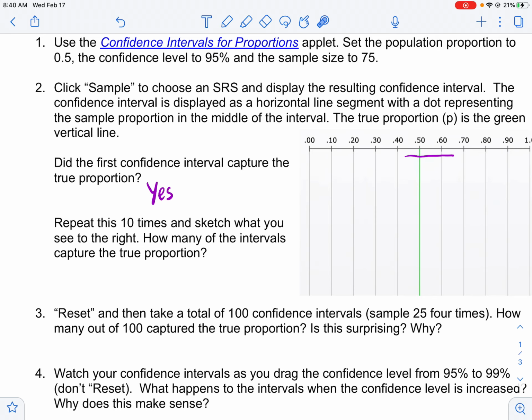In my case, 10 out of 10 capture the true proportion. In yours, maybe 9 will capture the true proportion, maybe 8 will capture the true proportion, and then the 2 will not. You will know when it doesn't capture the true proportion because it will turn red.